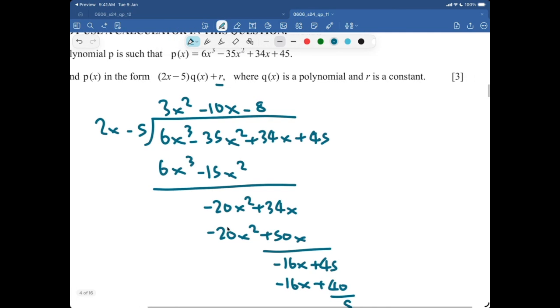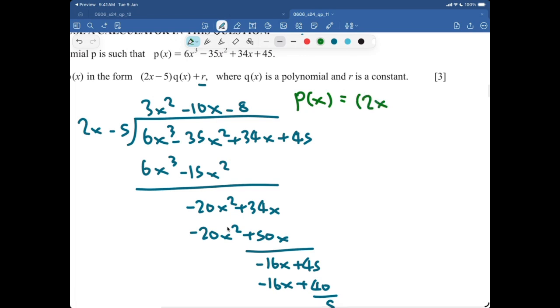So we write p of x is equal to (2x - 5)(3x squared - 10x - 8) plus 5, where r is 5 and q of x is 3x squared minus 10x minus 8.